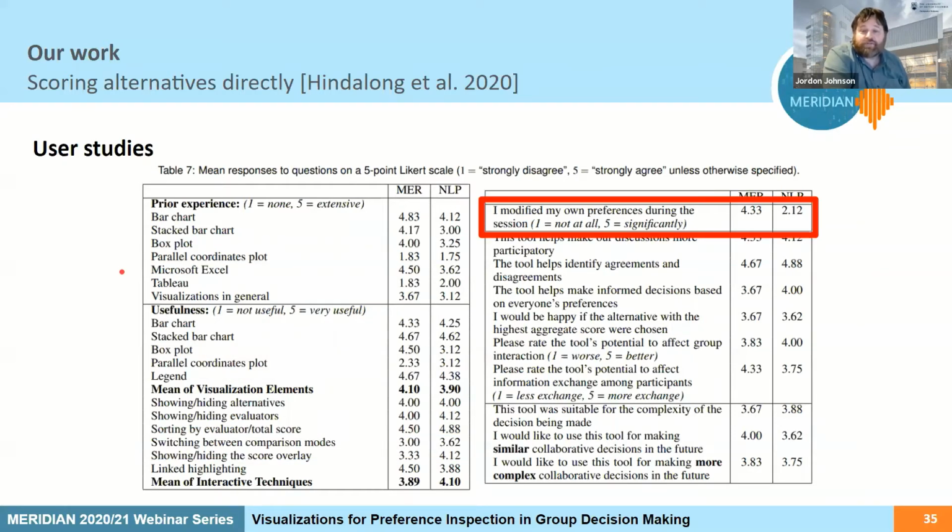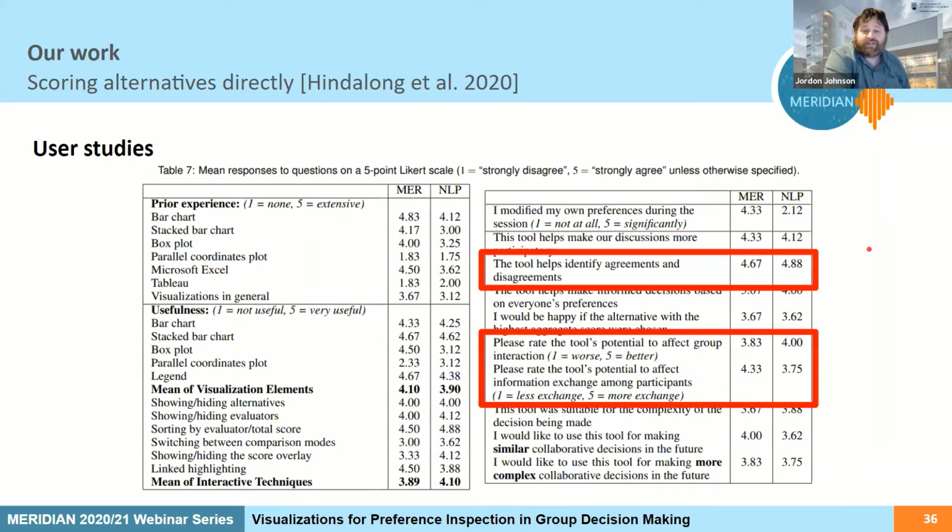It's important to note also that every single participant in the MERIDIAN study modified at least one of their preferences, and half of the participants in the natural language processing study modified at least one of theirs. Again, highlighting the usefulness of having an iterative elicitation and inspection process.